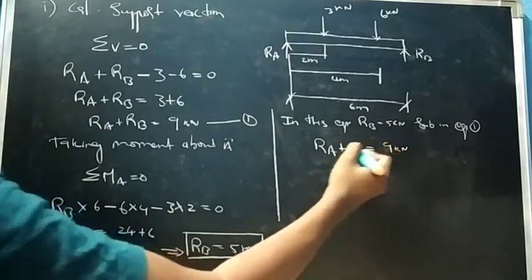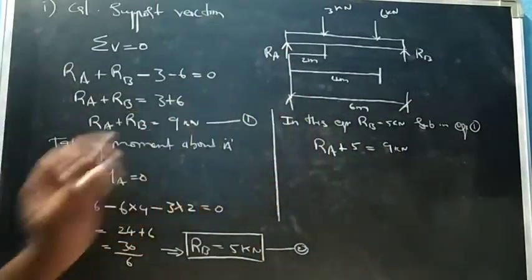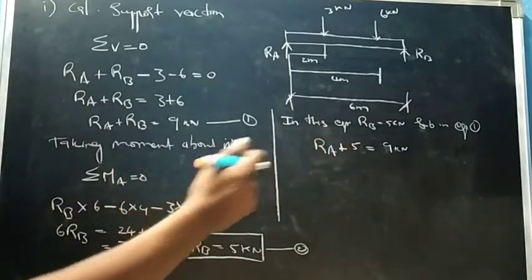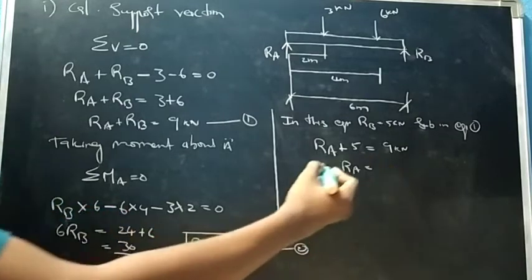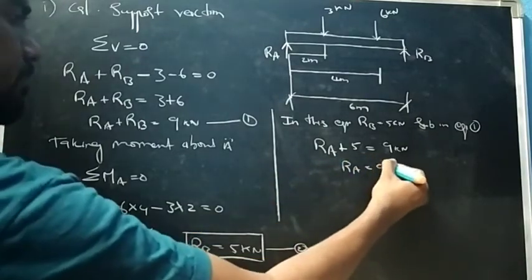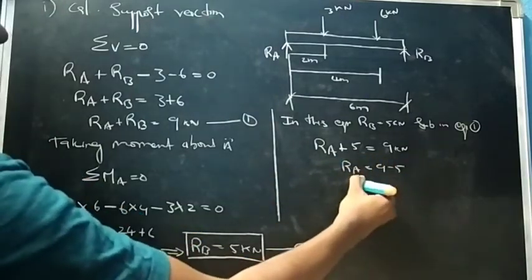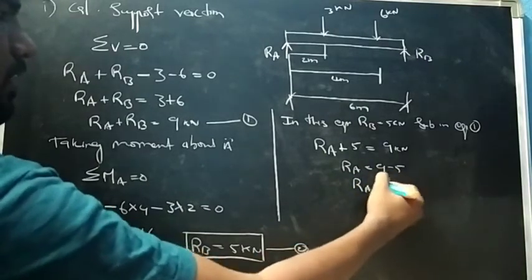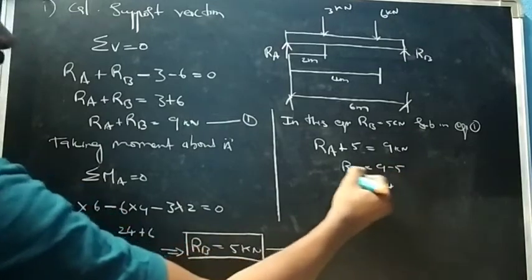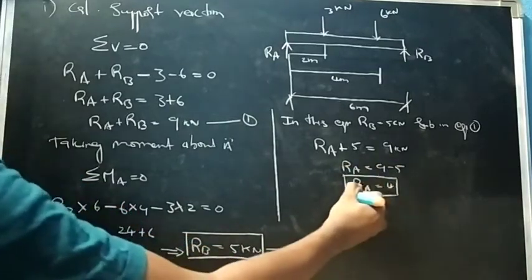No need to write the newtons. So RA plus 5 into 9. So we get RA equals 9 minus 5, that will be 4. So we got the RA value, that is 4, and RB is 5.